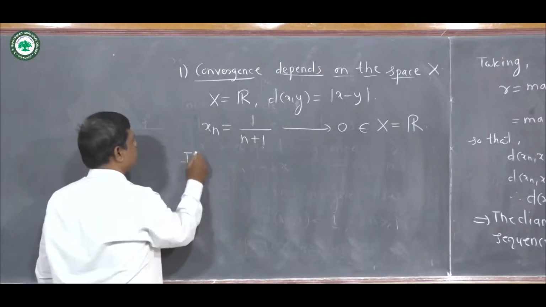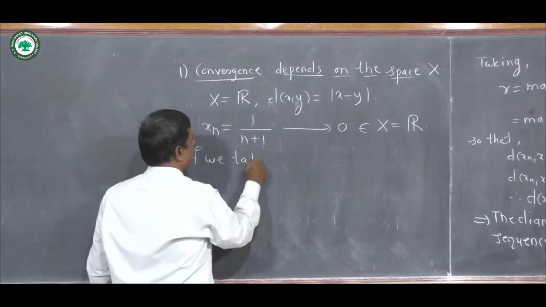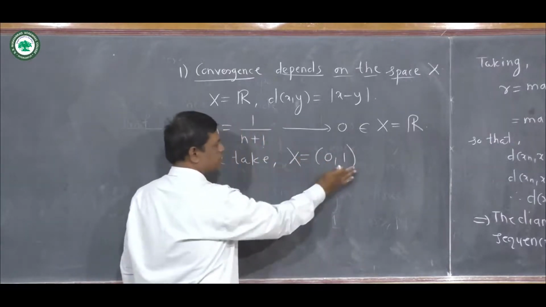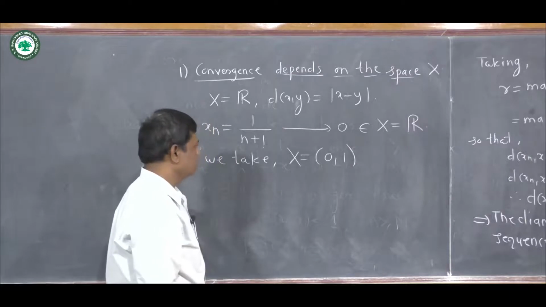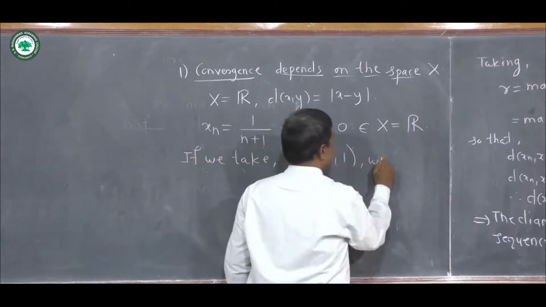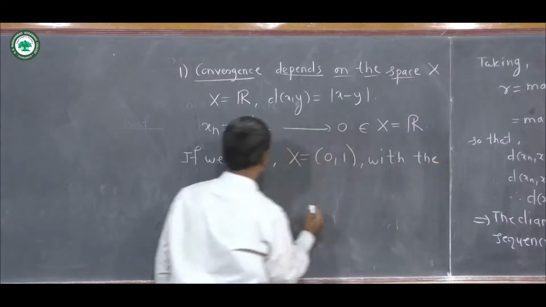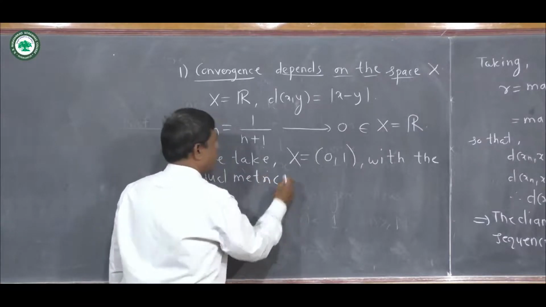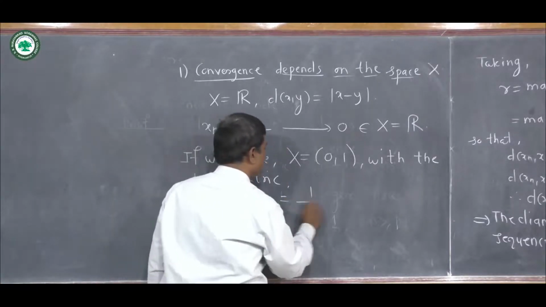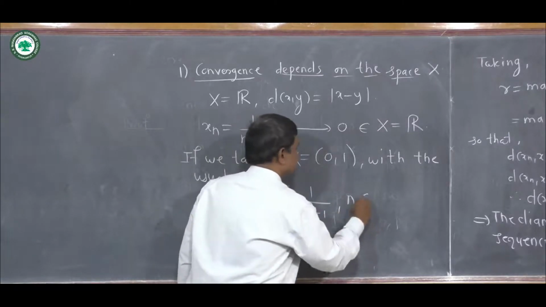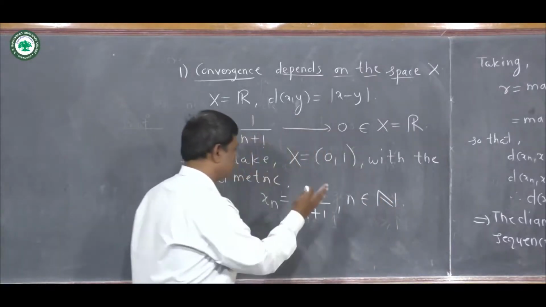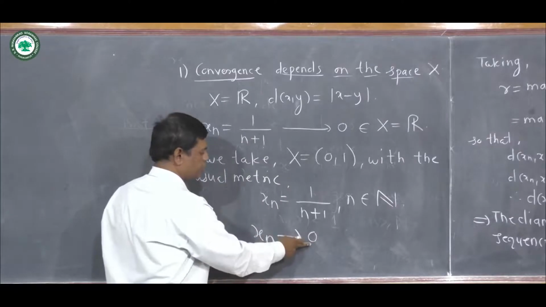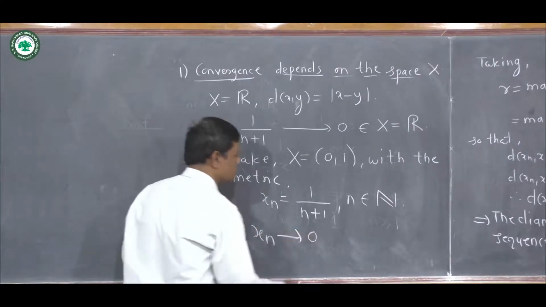But if we take capital X equal to the open interval (0, 1) with the usual metric, and I am taking the same sequence xn equal to 1 upon n plus 1, where n belongs to N, then this sequence has limit 0; xn tends to 0 as n tends to infinity.